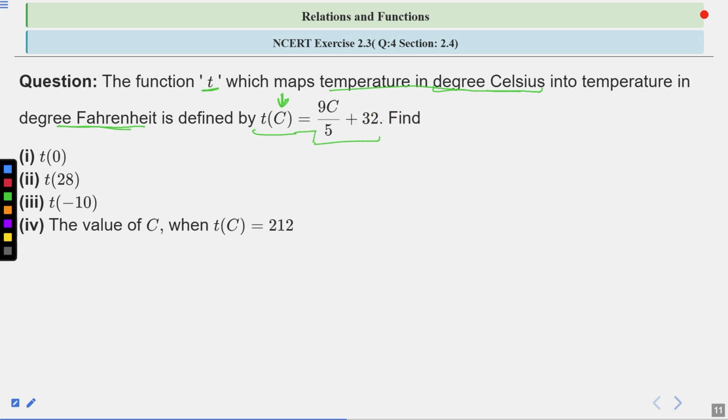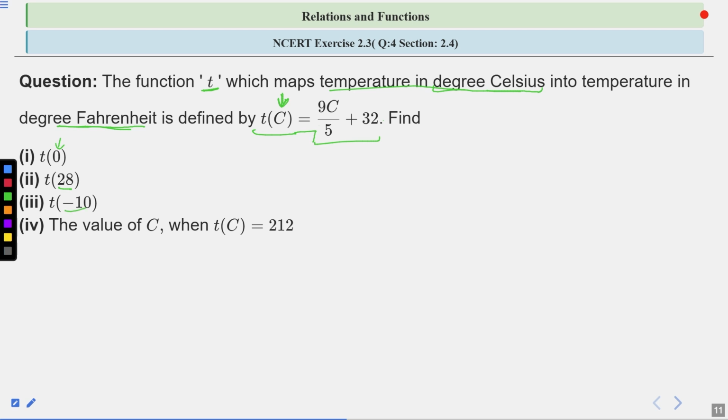Now, we are given 4 points, and for each point we have to find out the following. In the first, if you have 0 degree Celsius temperature, then what will it be in degree Fahrenheit? If you have 28 degree Celsius temperature, then what will it be in degree Fahrenheit?